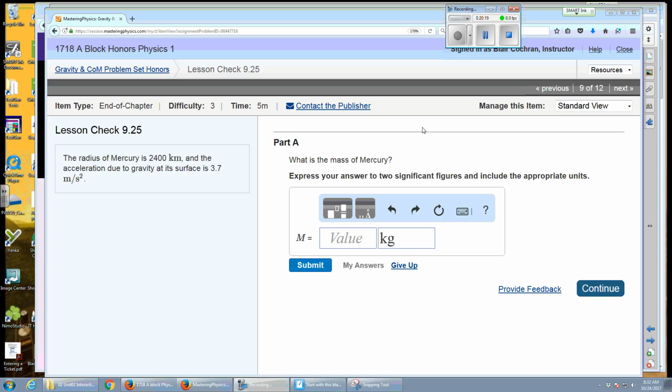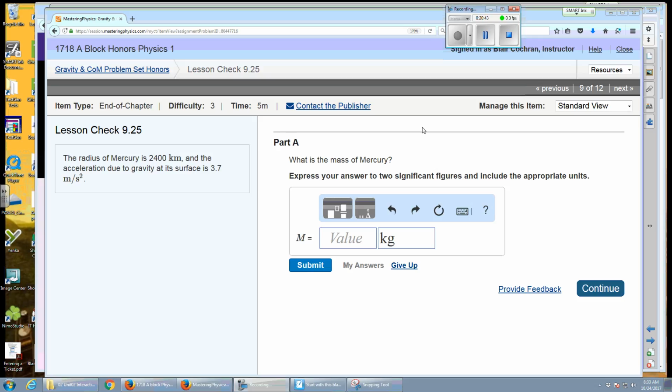And they give us that in meters per second squared. So already I kind of have a conundrum on units. I have kilometers and meters. And then what's the mass of Mercury? And they want kilograms. So I'm thinking that I better convert the kilometers to meters, because everything else is standard units except for that.